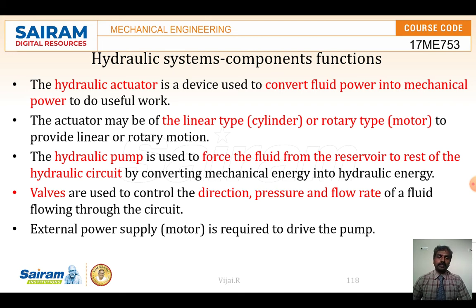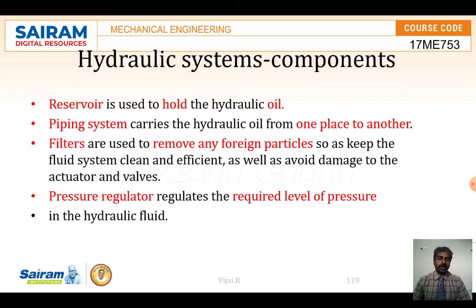A linear type actuator or rotary type actuator can be used, depending upon the application. The hydraulic pump is used for forcing the fluid from the reservoir to the actuator. Direction control valves, pressure control valves and flow control valves are used for controlling the fluid directions and where we want to supply it.